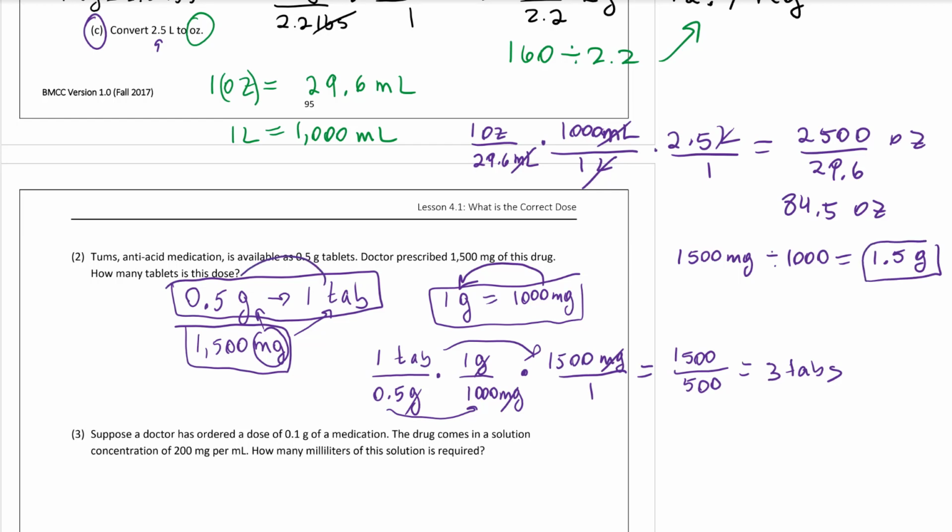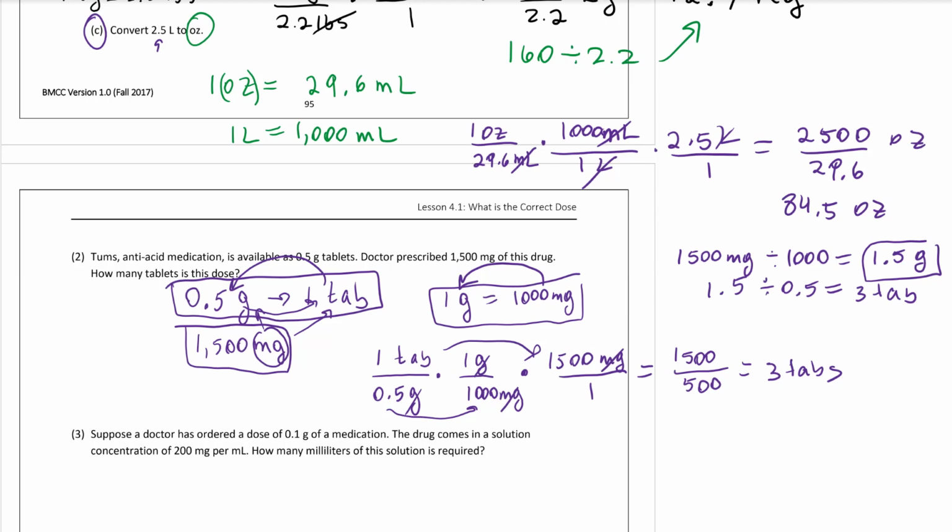But then for 1 tablet, you have 0.5 grams. So that means if you want to go backwards to the 1, whenever you go to 1, you're going to divide. So you take 1.5 and divide it by 0.5, and that will be 3 tablets. Right? Because 1 tablet is a half, so 1.5 grams will be 3 tabs.